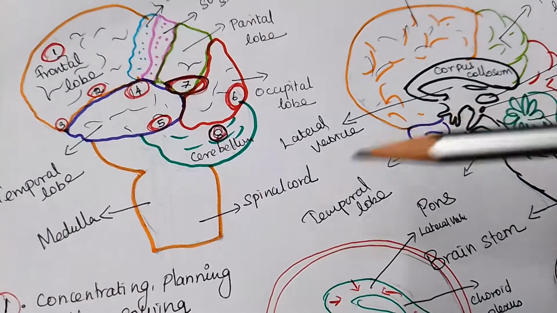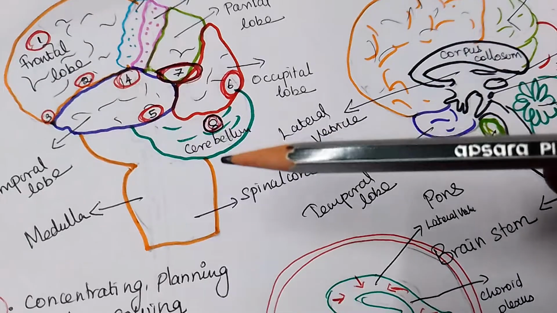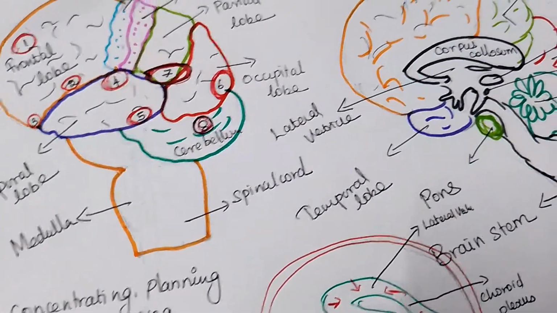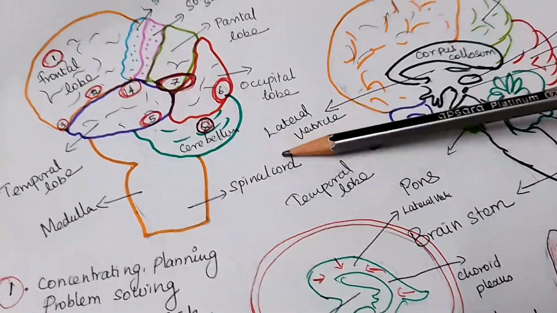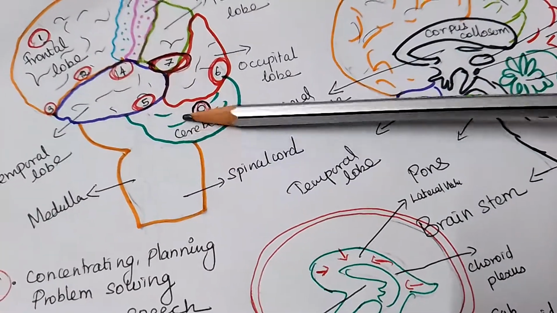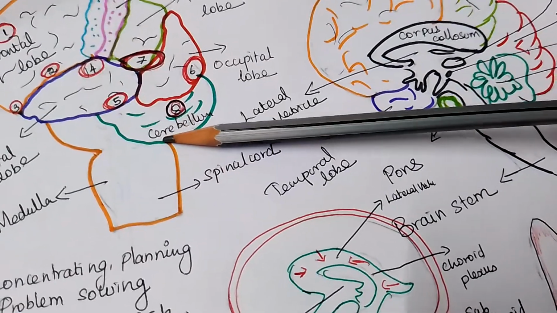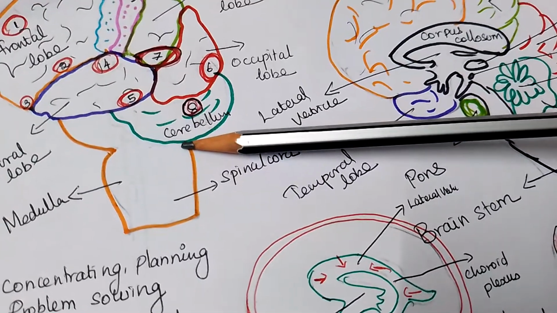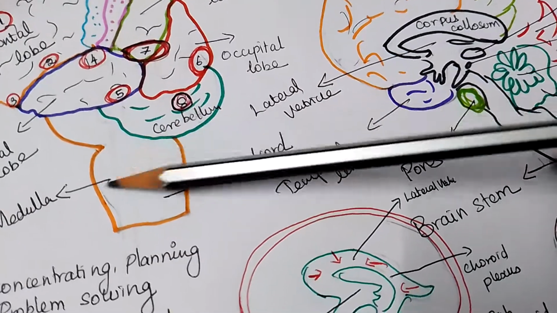So the hindbrain consists of the medulla oblongata, pons, and the cerebellum, all called the hindbrain. The hindbrain is very important, mainly for survival, respiration, rhythm, motor activity, sleep, wakefulness, all these things. So the pons, cerebellum, and the medulla oblongata make up the hindbrain.